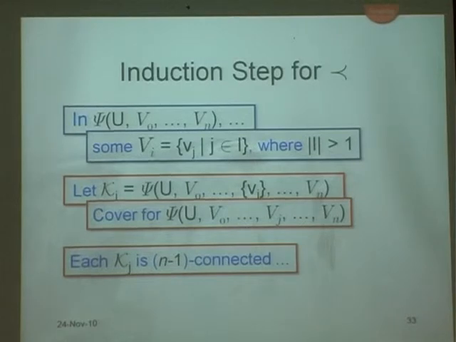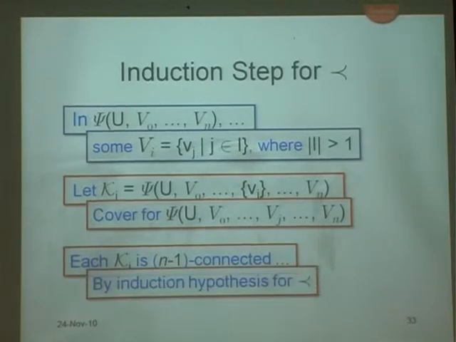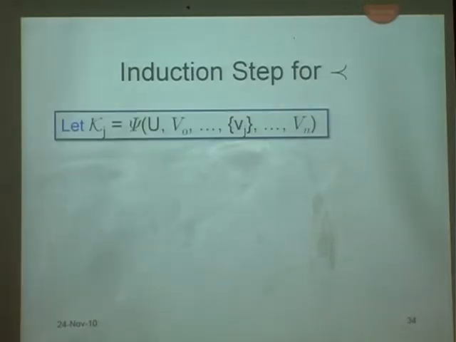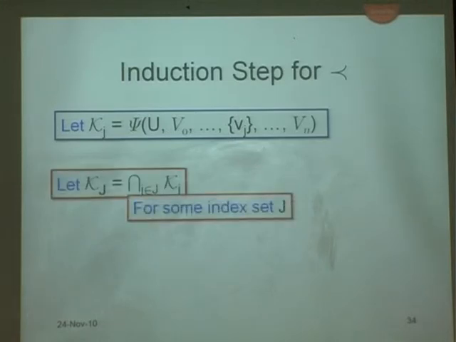Okay, so each k sub j is n minus 1 connected because the set sequence is smaller. Every set in here is contained in the one there, and this containment is strict. Then in order to apply the nerve lemma, these are going to be vertices of the nerve complex, the covering sets.